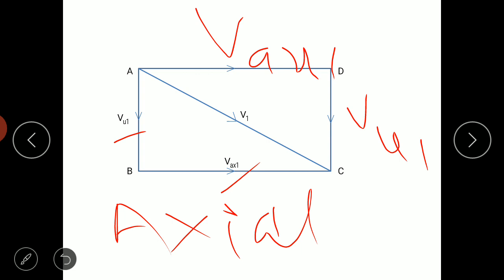There will be one axial component and one tangential component. This V1 is getting converted into Vx1 and VU1. So if I consider the top face, that is nothing but our axial flow turbine. For understanding the axial flow turbine, only the top face will be considered.